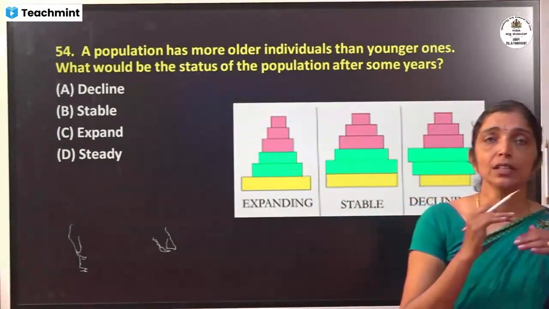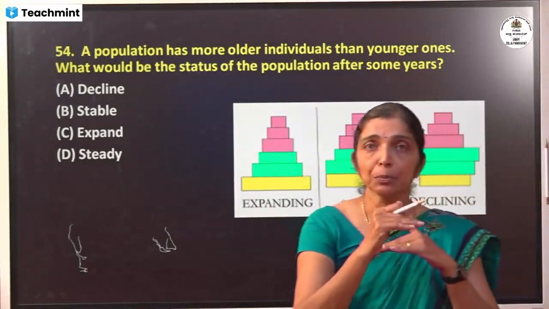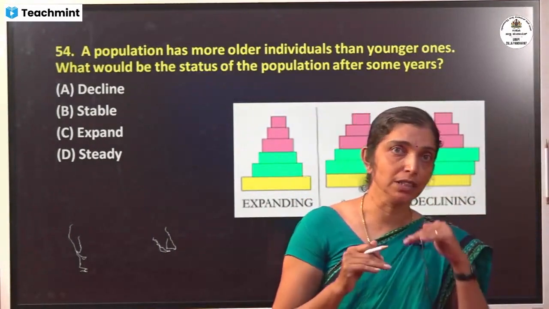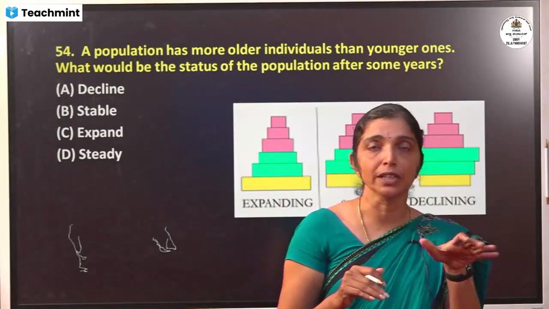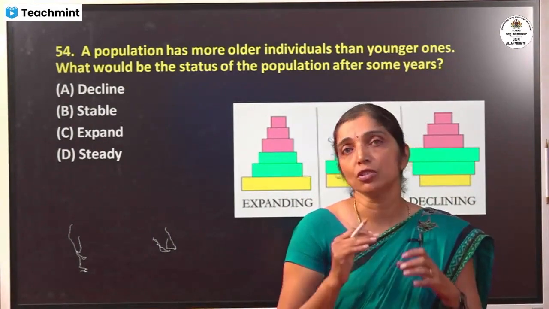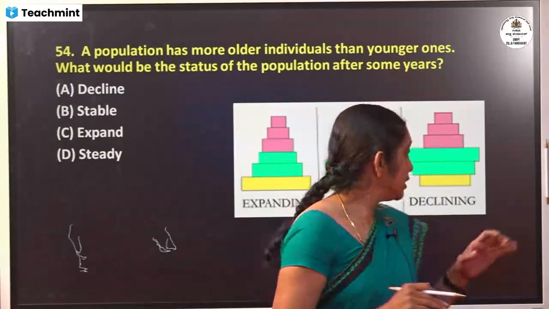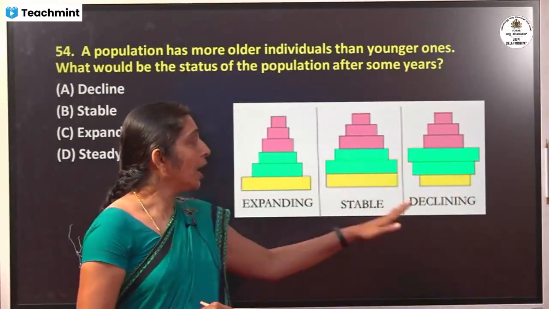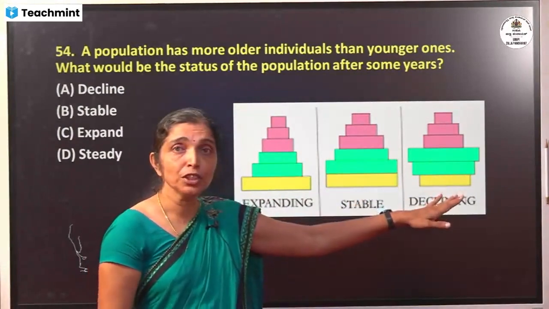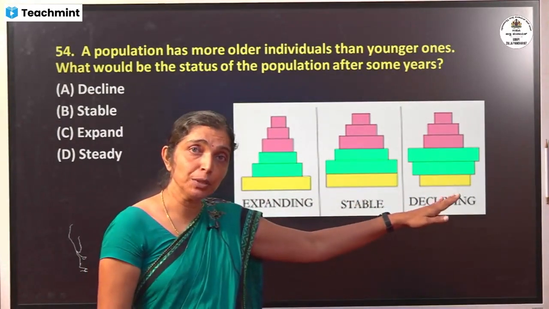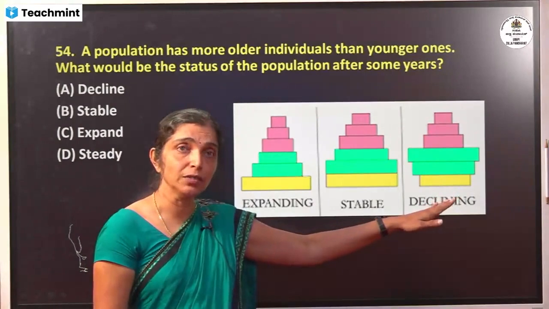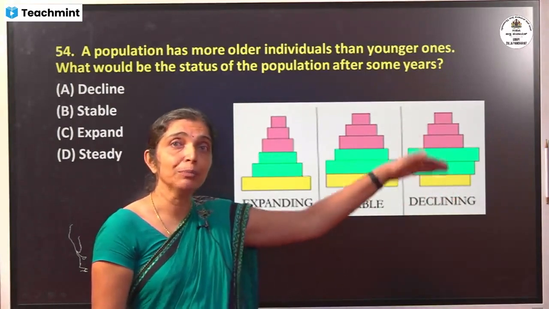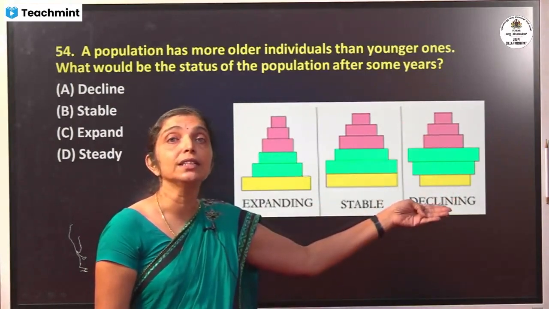When the number of pre-reproductive and reproductive individuals is almost the same, then it is known as a stable or steady population. And when the number of individuals in the pre-reproductive stage is less when compared to the others, then it is known as a declining phase.